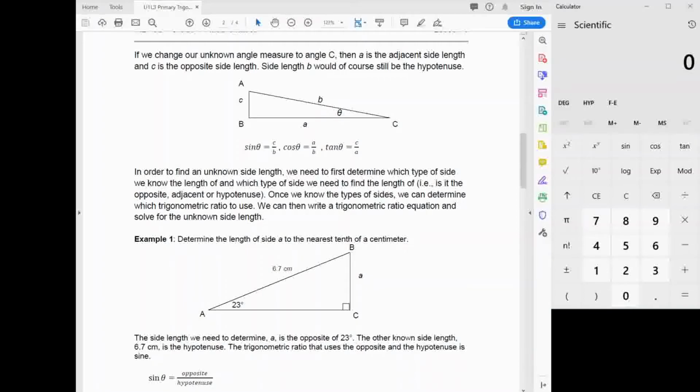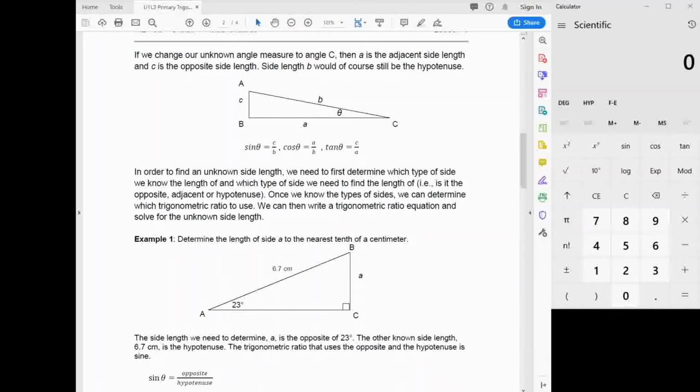The lowercase a is adjacent to the angle, and of course b remains our hypotenuse. So now our sine, cosine, and tangent ratios are sine of theta equals c over b, cosine of theta equals a over b, and tangent of theta equals c over a.